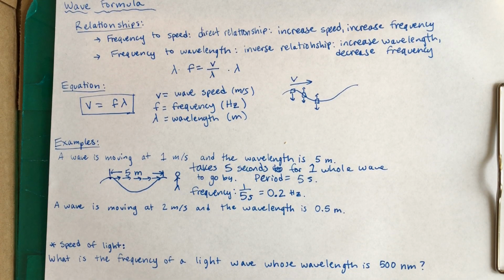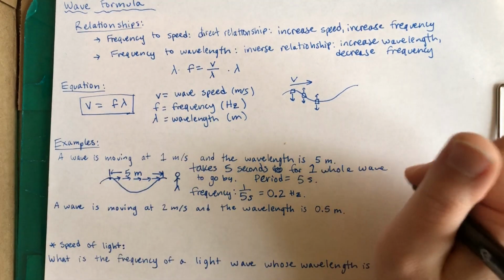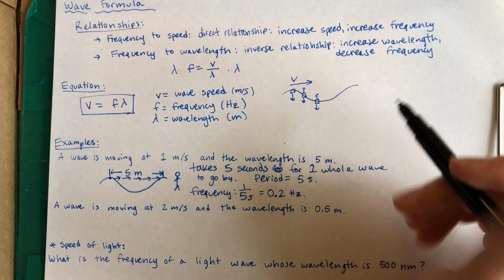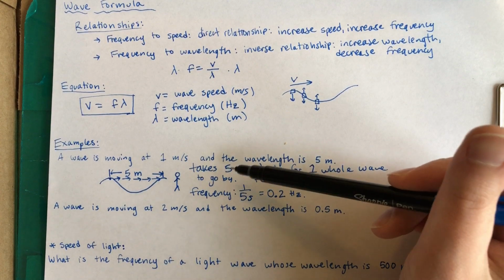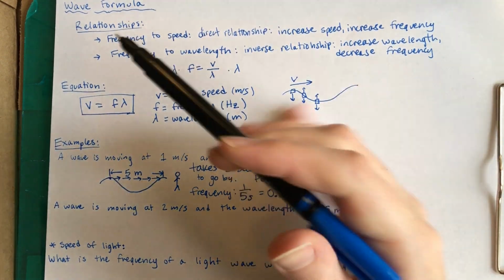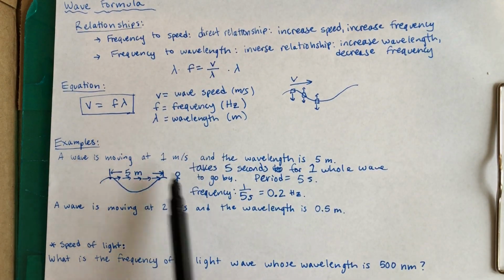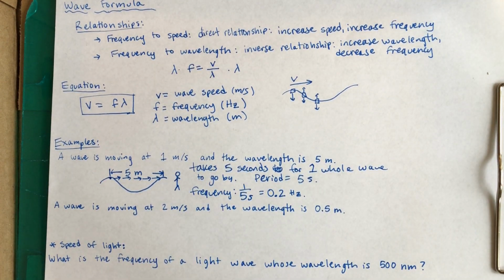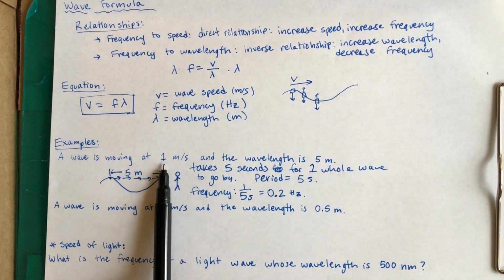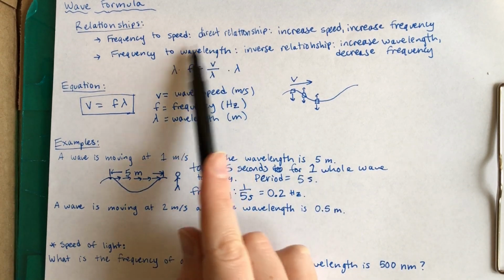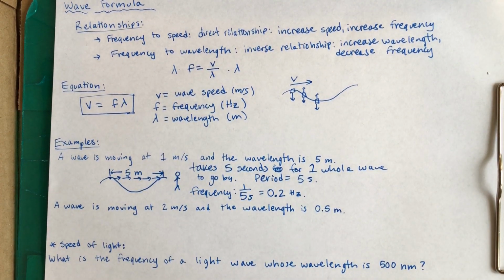So if we think about what math we just did, to find the frequency, we basically had to take the speed and divide it by the wavelength, which is the relationship that we started with.